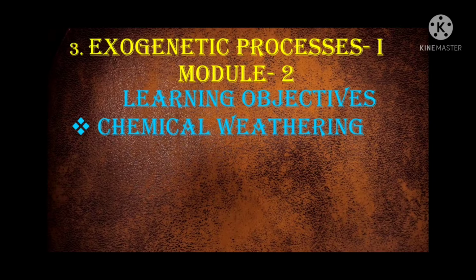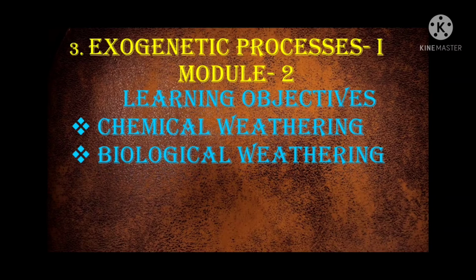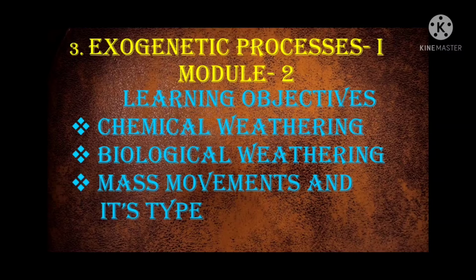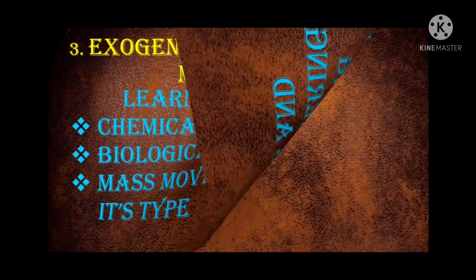The next is biological weathering and how it occurs on the Earth's surface. The third will be mass movement and its types. Now, let's start with our first topic, chemical weathering.